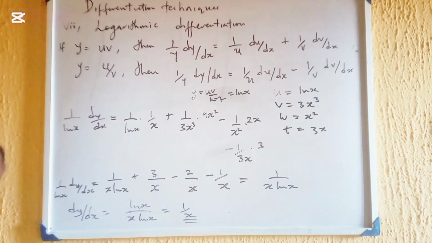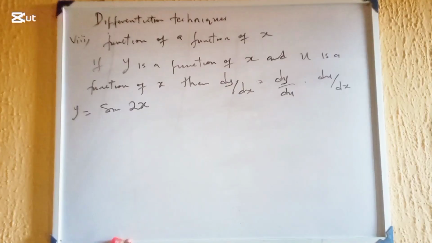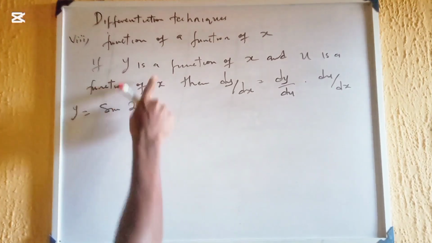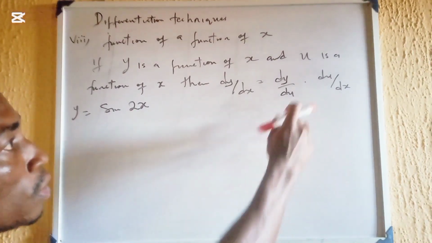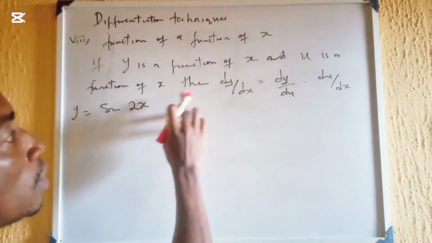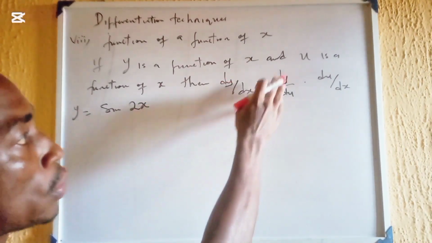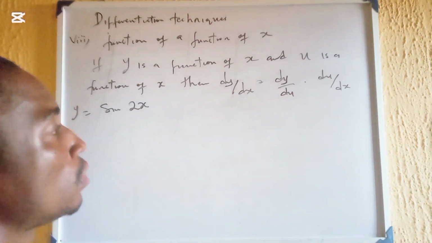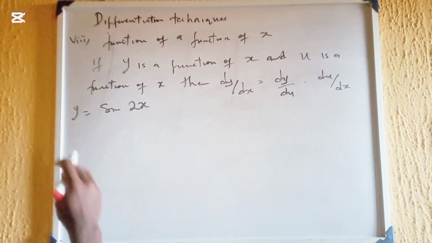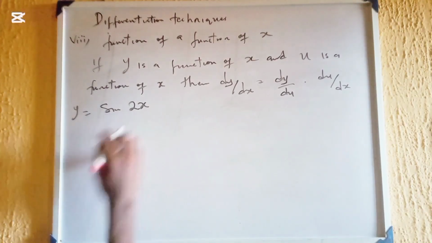Let's look at the next one, function of a function of x. For this technique, we have that if y is a function of u and u is also a function of x, then dy/dx is equal to dy/du times du/dx. Now, take for instance, y is equal to sin 2x.